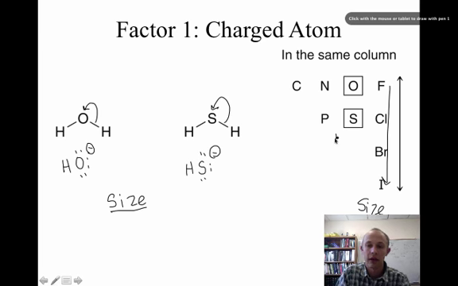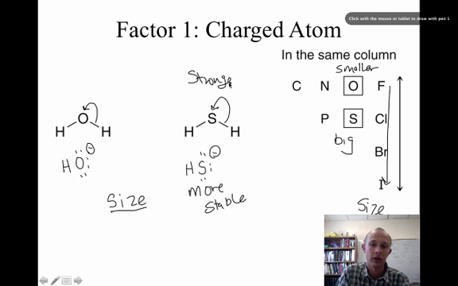And since sulfur is bigger and oxygen is smaller, sulfur can more easily stabilize that negative charge. Oxygen has a harder time, it's smaller. So this is going to be more stable, which means that its corresponding acid is going to be a stronger acid. This one is less stable, meaning that water is a weaker acid.